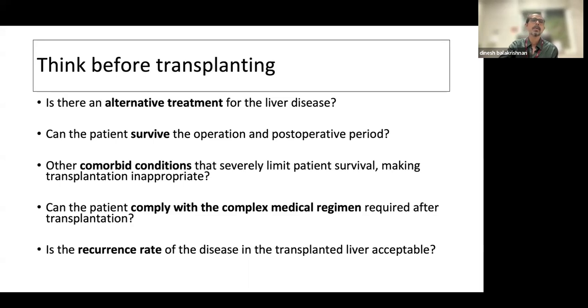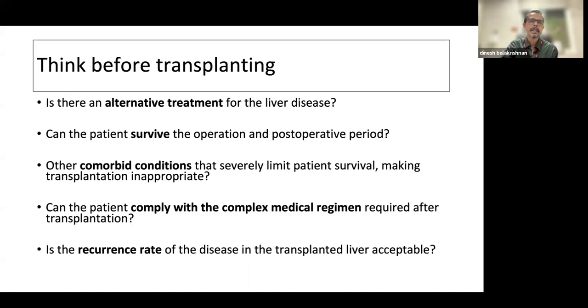So we have to assess their comorbid illnesses. Do they have severe cardiopulmonary disease? Will they withstand a major surgical procedure? Cardiac evaluation is one of the major pre-transplant evaluations that we do. Senior cardiologists would do an echocardiogram, do a stress test to see if they can go through a very major surgical procedure.